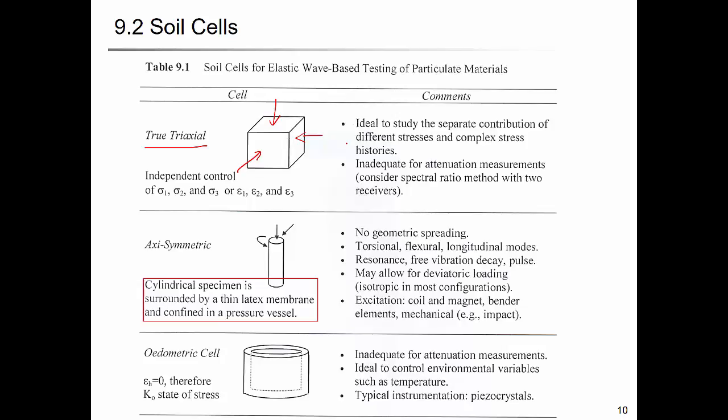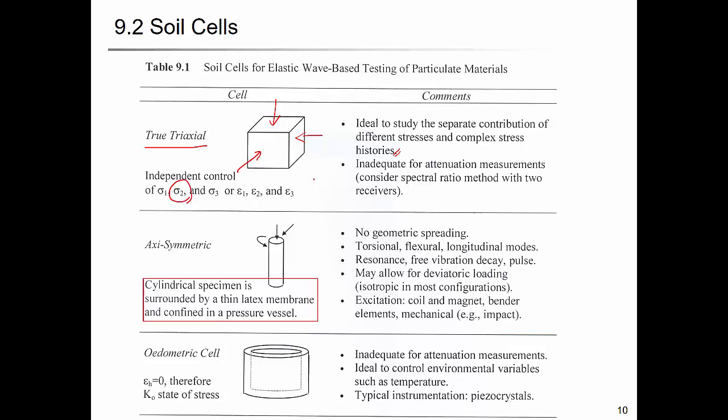This has a very good advantage because it is ideal to study the separate contribution of the different stresses and the complex stress history. But in the cylindrical specimen, you can only apply the major principal stress and the minor principal stress. You cannot control the intermediate principal stress, sigma 2. But in this case, you can apply the sigma 2, so you can see the effect of the sigma 2.